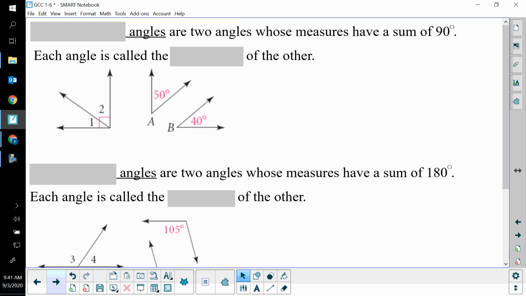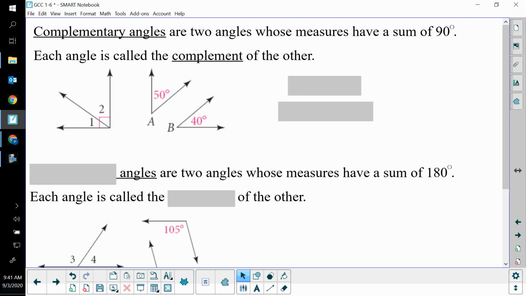The terminology on the bottom, I think you did in middle school. First one, complementary angles are two angles whose measures have a sum of 90. Notice it's just a pair of two angles, and the angles are called complements of one another. So in that example there, 40 and 50 would be considered complements of one another, angle A and B there.